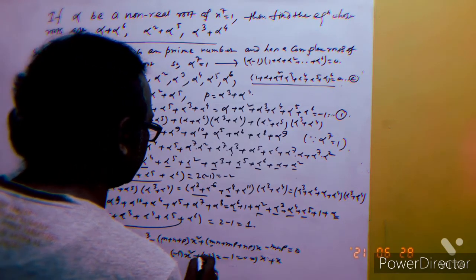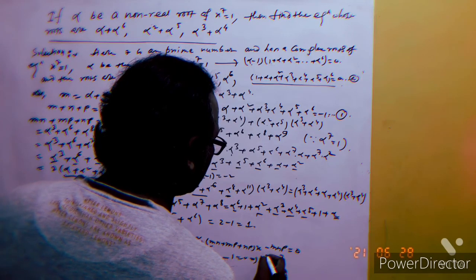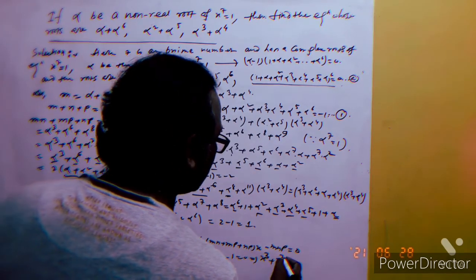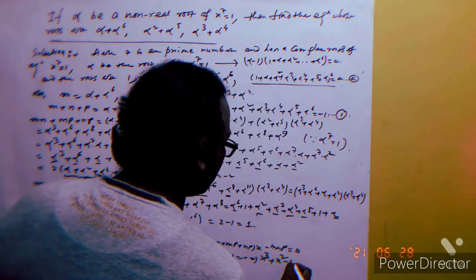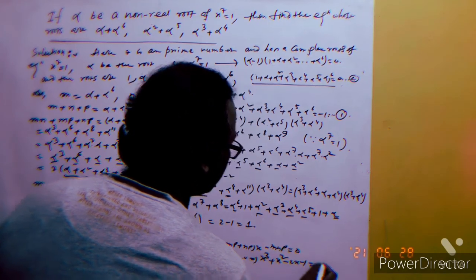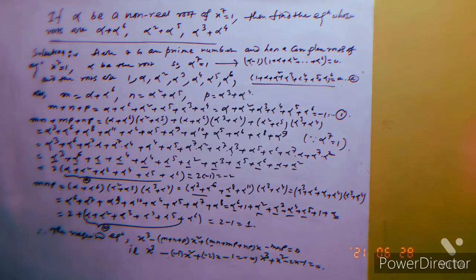Okay, x cube, x square, x cube, this is x square minus 2x minus 1 equal to 0. This is your answer. X cube plus x square minus 2x minus 1 equal to 0. Very interesting problem. See carefully. Okay, bye everybody.